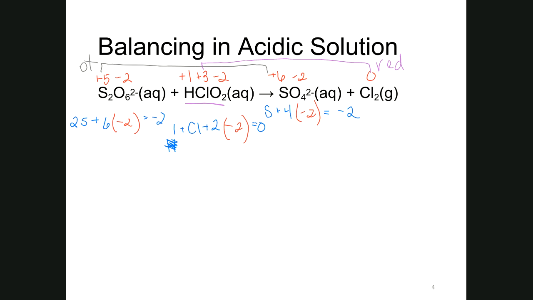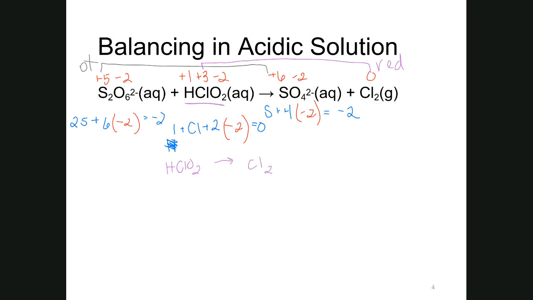So now we have our oxidized and our reduced. We can write out our equations. Again, let's just start with the reduced because that's the first one that we found. And so here, for our half reactions, we want to write out as much information as we know. So we're starting with HClO2, and that's being converted into Cl2.